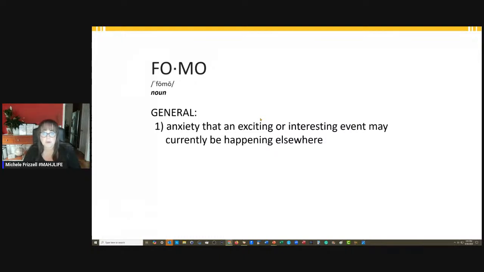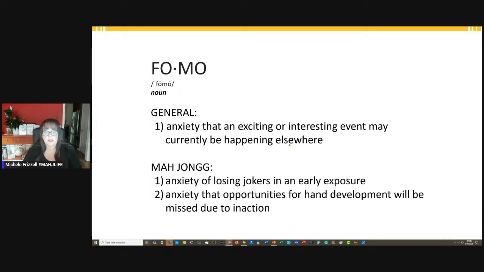So FOMO applies to Mahjong. In Mahjong, it's the anxiety of losing jokers in an early exposure. That's one example. Another example is anxiety that opportunities for hand development will be missed due to inaction. FOMO, fear of missing out.